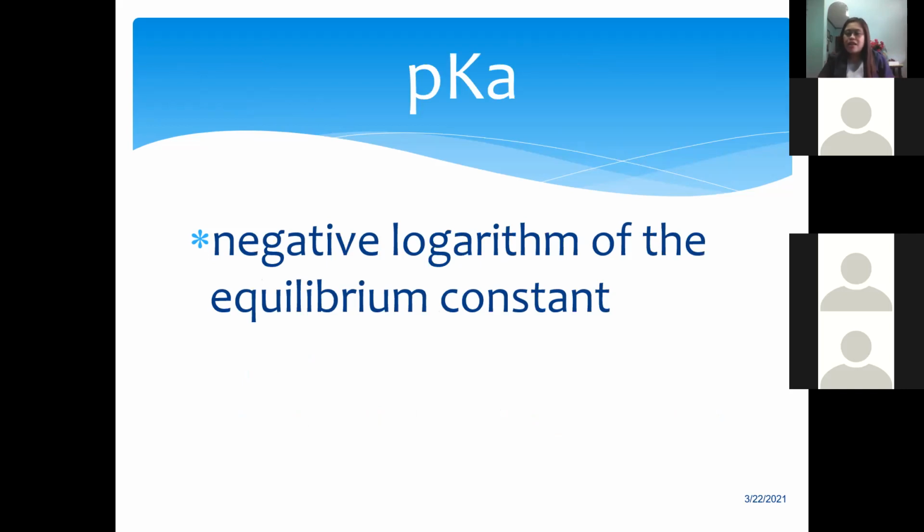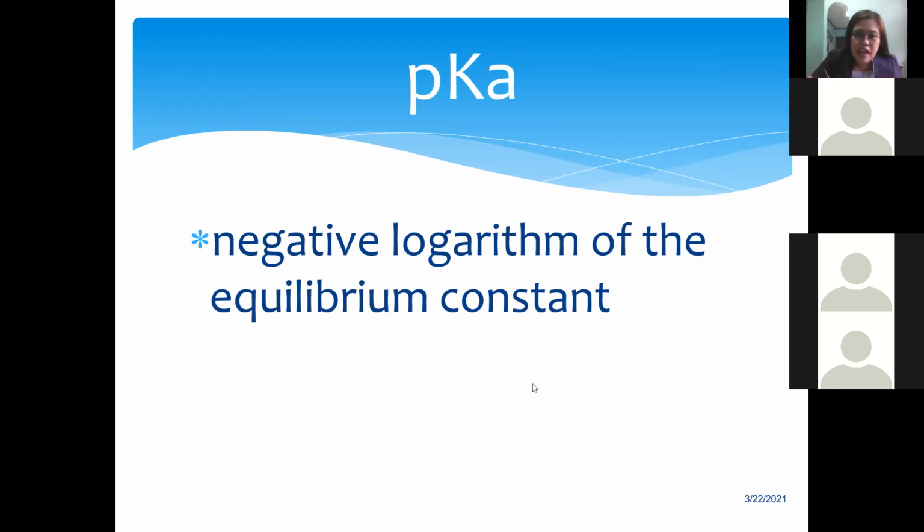And then next, we have another measurement of the acidity. We call it the pKa. So this will measure now the strength of our acid, kung gaano kalakas yung acid natin. That's the pKa. So pKa naman is the negative logarithm of the equilibrium constant.